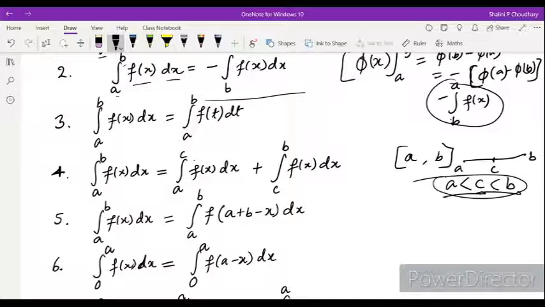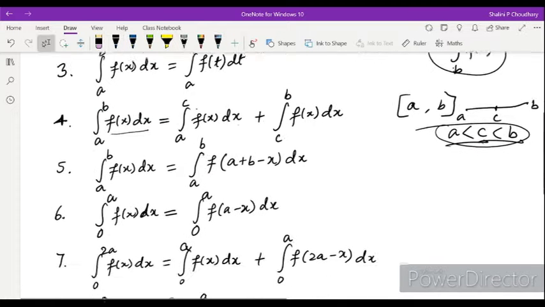So the integral of f(x) with respect to x over the interval a to b will be equal to the integral of f(x) from a to c plus c to b. Okay, we'll get this value.